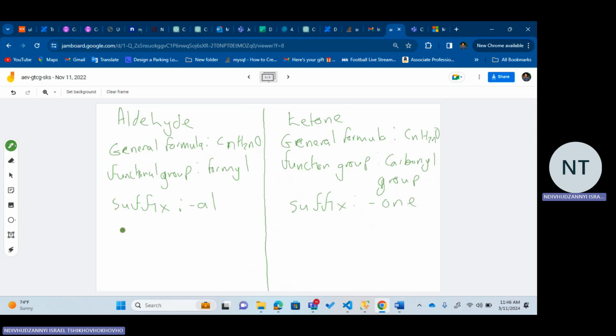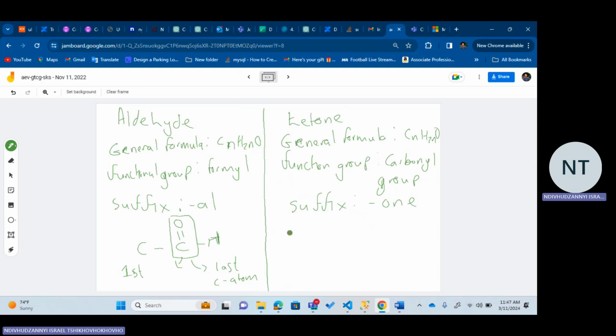How do we identify an aldehyde? It has a double bond of O in the C atom at the first or the last carbon, right? So this double bond can only be in the first or last C atom. That's how you differentiate between an aldehyde and a ketone.